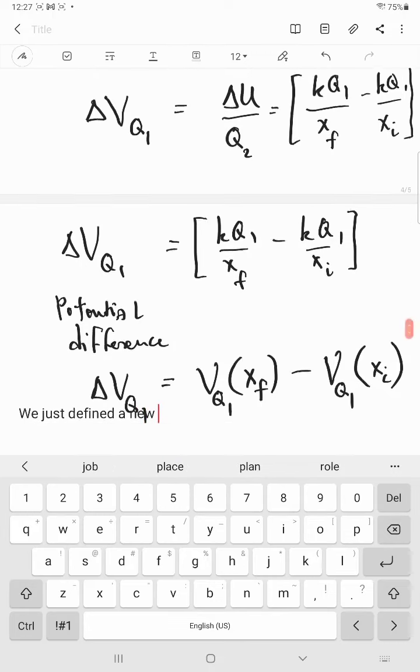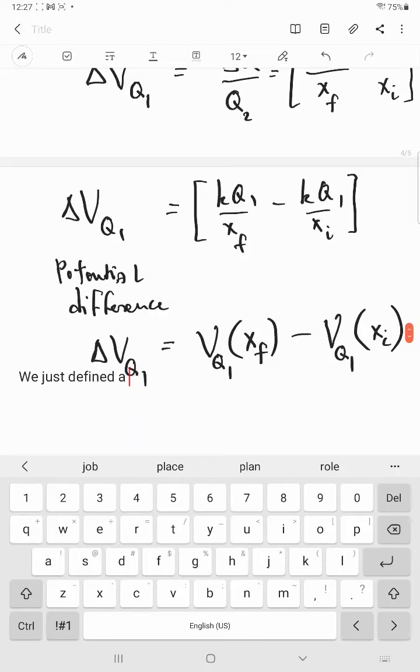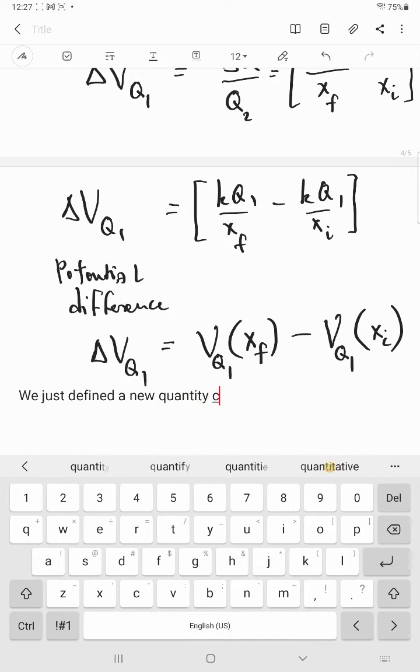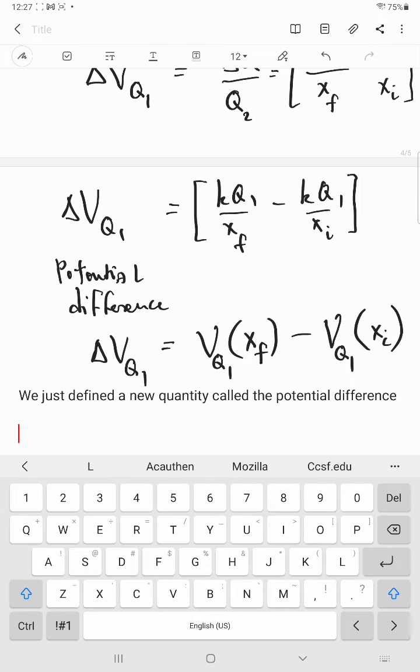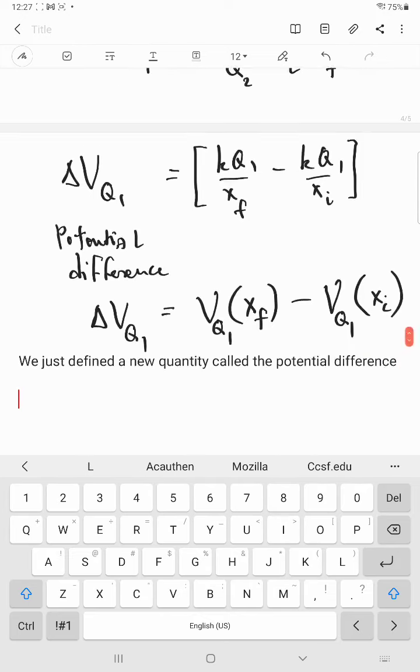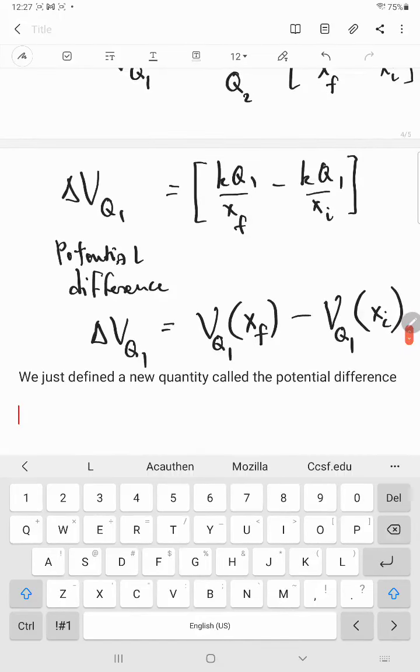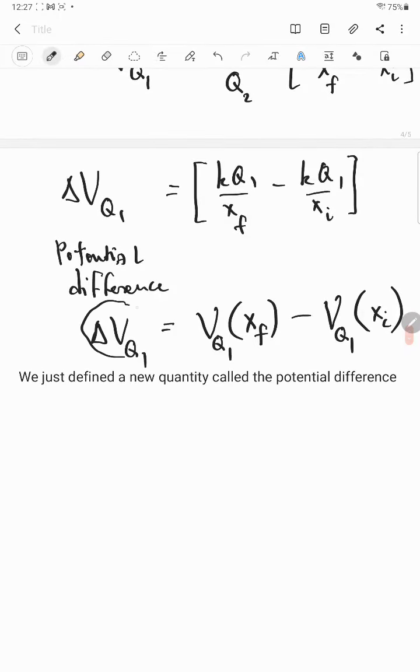Actually, let me put it a little lower. We just defined a new quantity called the potential difference. This is the potential difference right here.